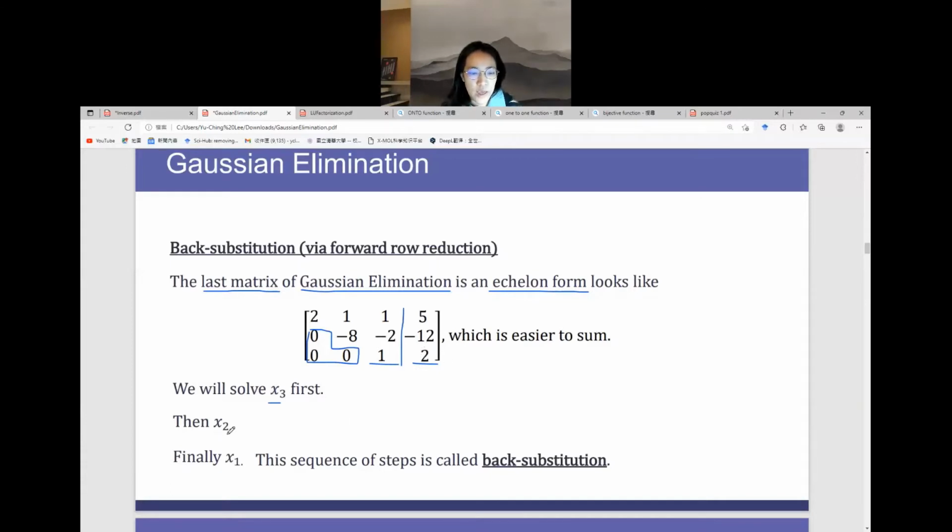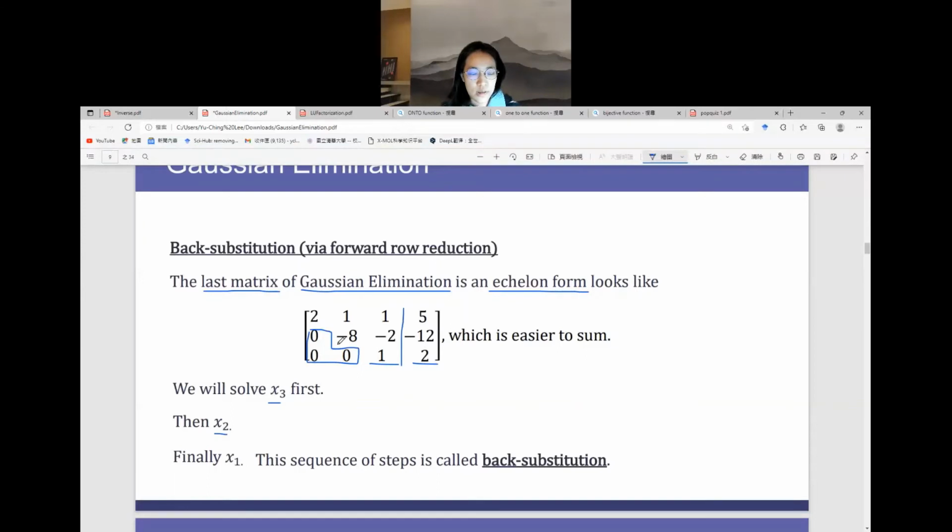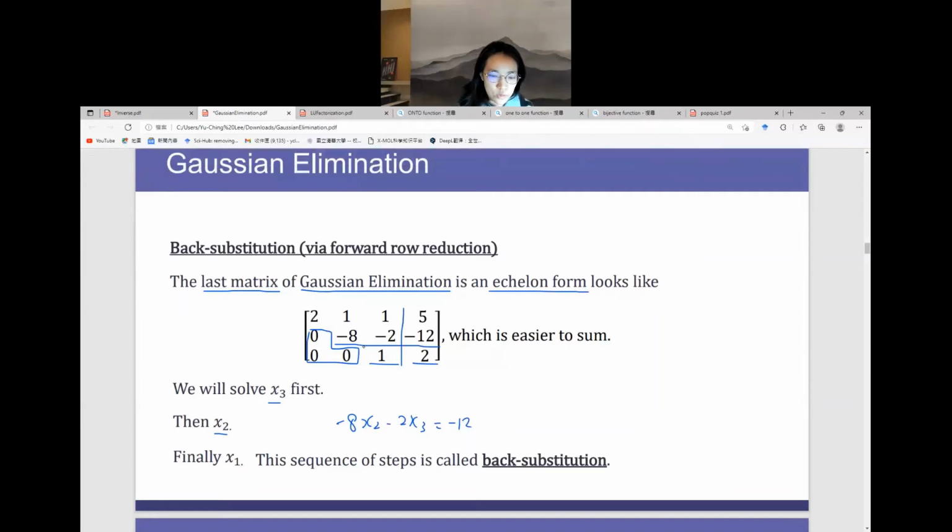Then we solve x2, because in the second row we have negative 8x2 minus 2x3 equals negative 12. So that's much easier to solve for x2 when x3 is already known.